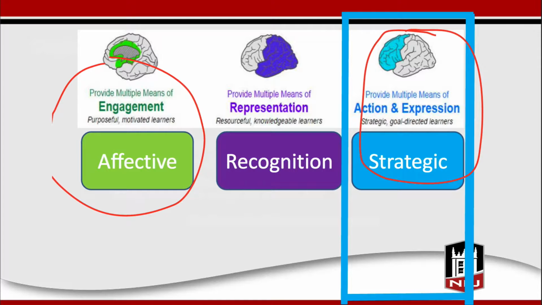And then in our workshop in March, we talked about multiple means of representation, the recognition aspects, the what of learning. What are they learning? What is important? And today we're going to look at the strategic, the action and expression. And during our discussion today, we'll address strategies for supporting learners as they're planning and performing tasks.